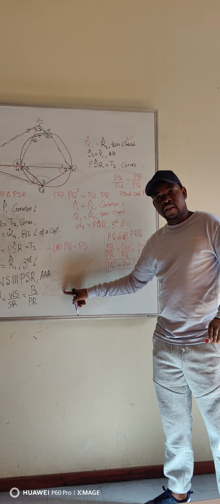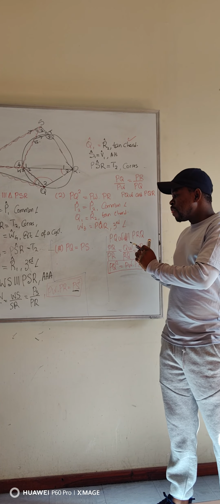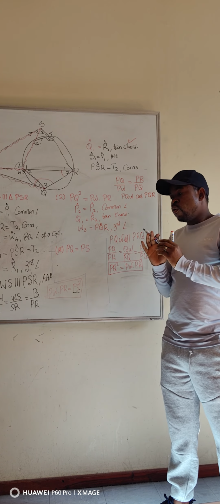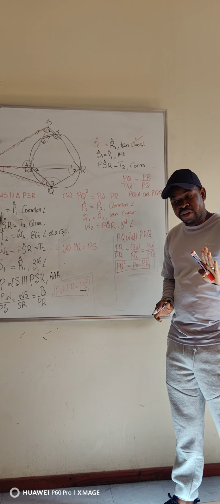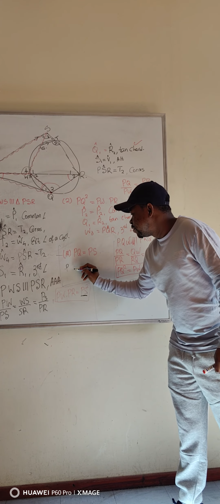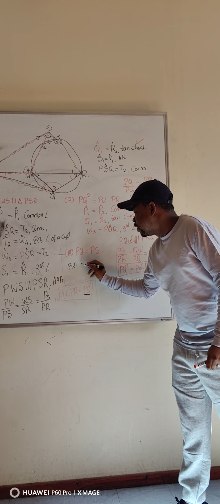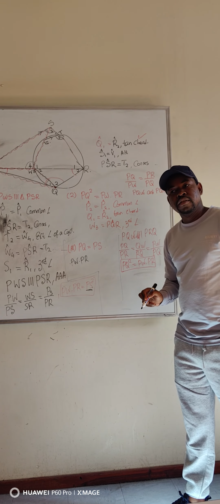I'm all clear there. Okay. Therefore, instead of that, I am going to say my PS. My PS, listen to me. My PS squared is going to be PR, and then this one. Are all clear there?